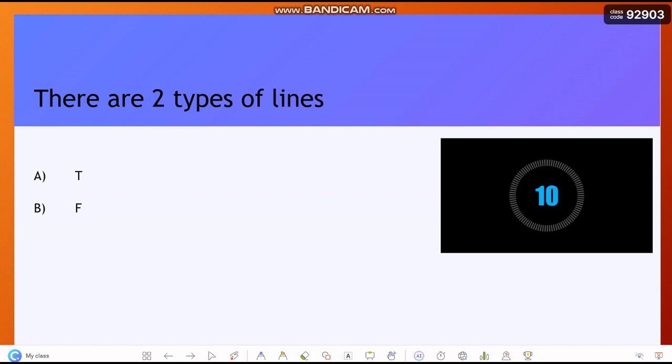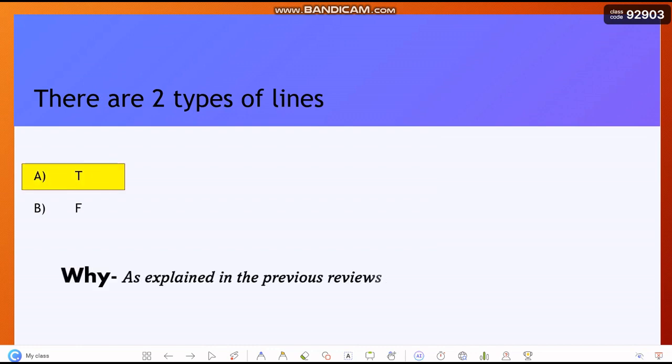We heard this question already, right? So what's your answer? Are there two types of lines? Of course, the answer here will be true, as explained in our previous review.